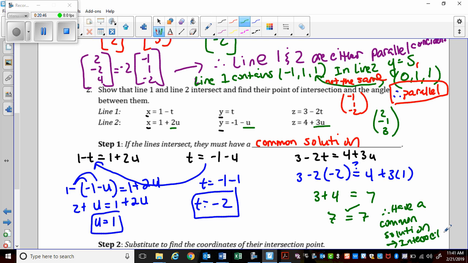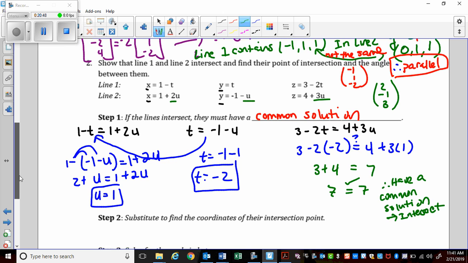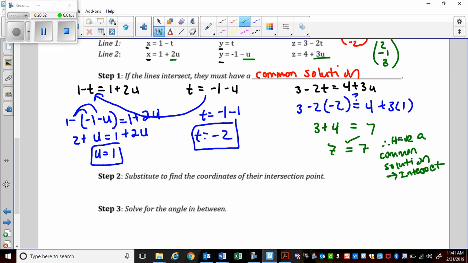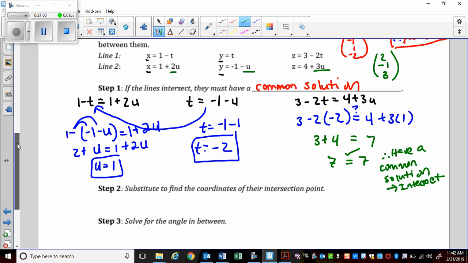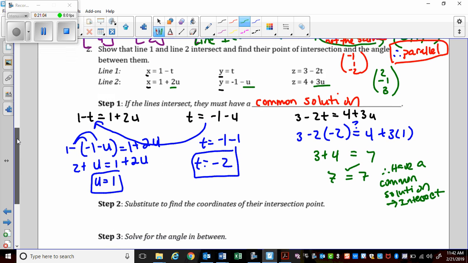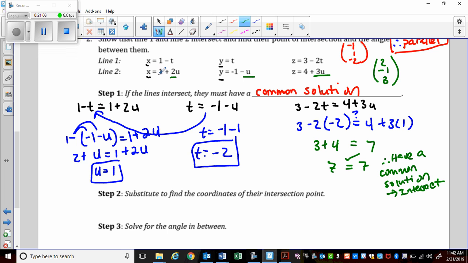We don't know how they intersect, if they're perpendicular or not. We need to find the angle in between them to find out if they are perpendicular. So we're going to substitute to find the coordinate of their intersection point. Well, u is 1. So I can find out where they intersect. When u is 1, I know that this is 1 plus 2.